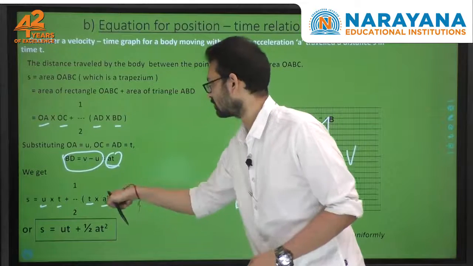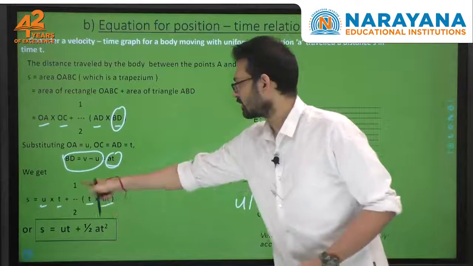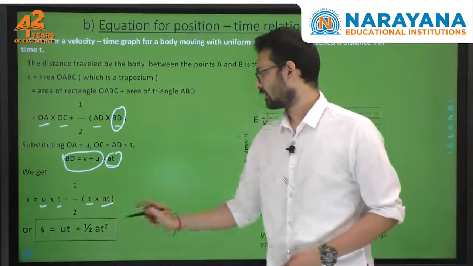So substitute that AT in the place of BD. Now what you are going to get? S is equal to UT plus half T into T, which is T square, into A.